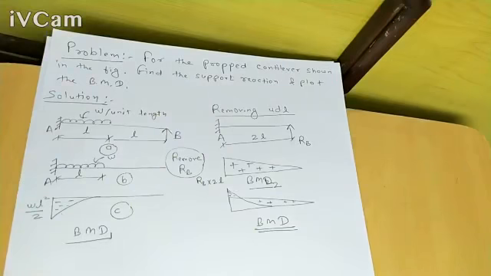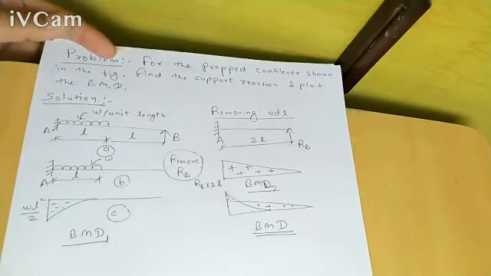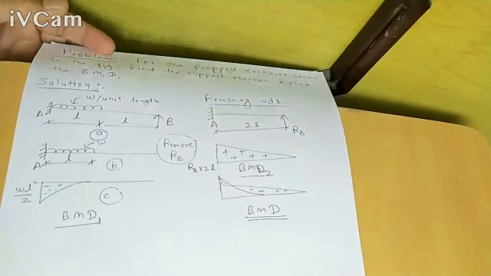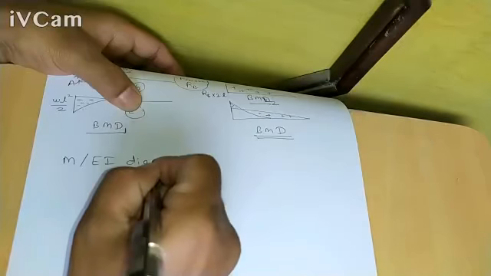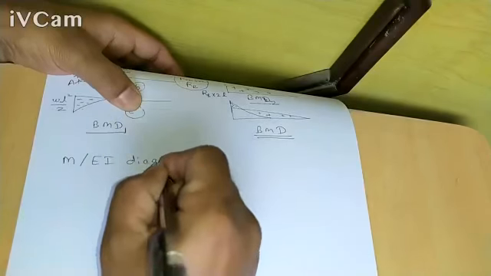Because of this, you will get the bending deflection delta 1 and the delta 2 would be 0. So we make the deflection at point B equal to 0 over there.